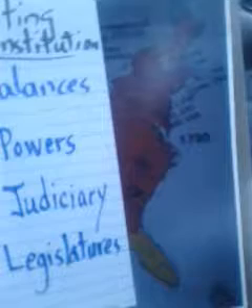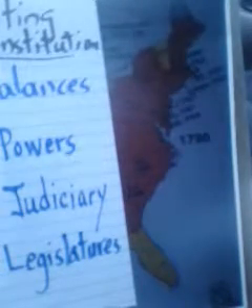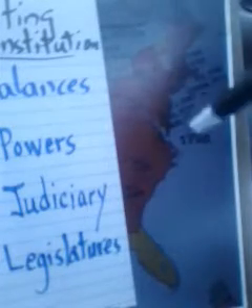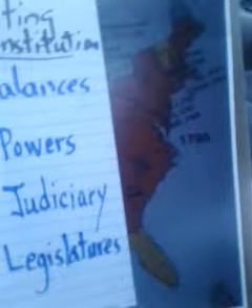But in this new constitution that we are talking about, it says the federal government has to be able to tax the citizens wherever they are directly.